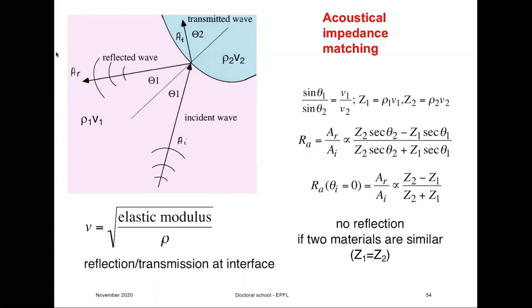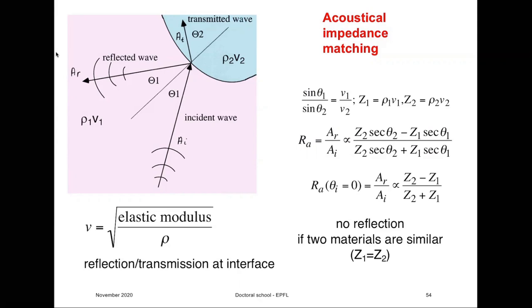And if everything is reflected, if the whole acoustic energy is reflected, you will not be able to inspect what is happening in your sample. So you should have some transmission into the second medium. And how much you will have reflected and how much transmitted depends on the acoustic impedances of the two media.